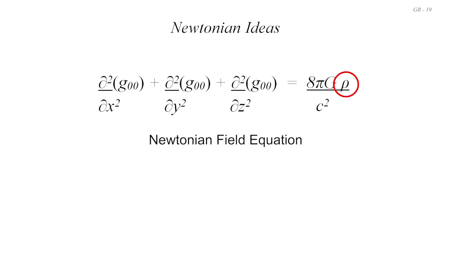Mass density on the right, and aspects of the metric on the left. And it came about because we took a space, or rather a metric, which was not quite flat, not quite Minkowski space, or rather not quite the Minkowski metric, and worked through the Newtonian equations.